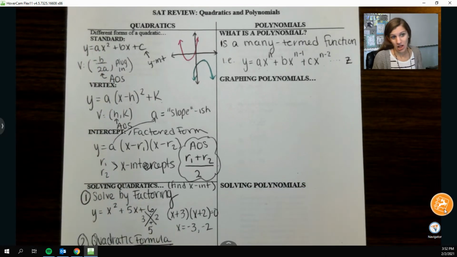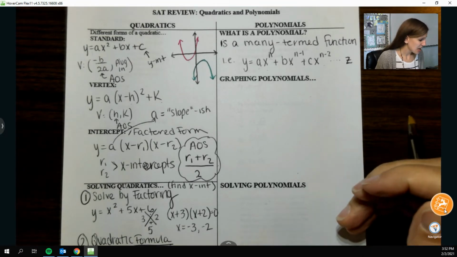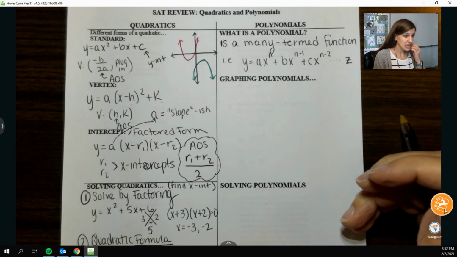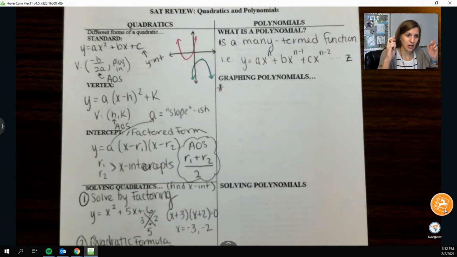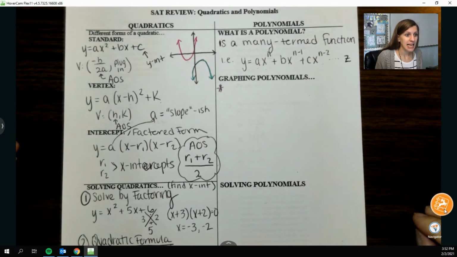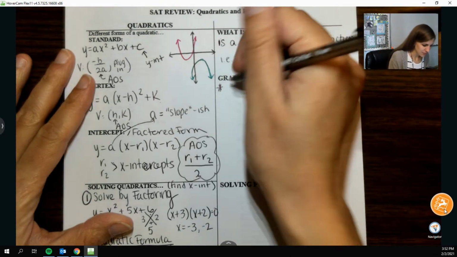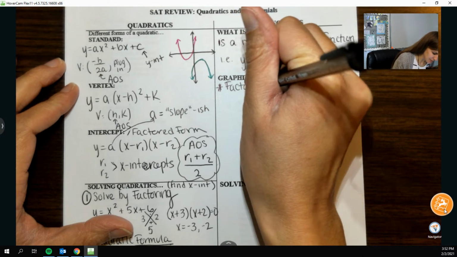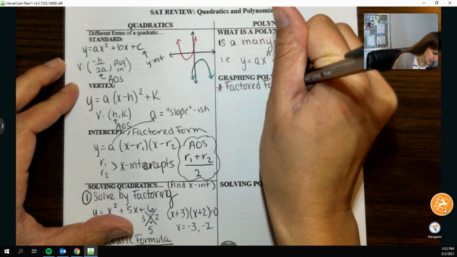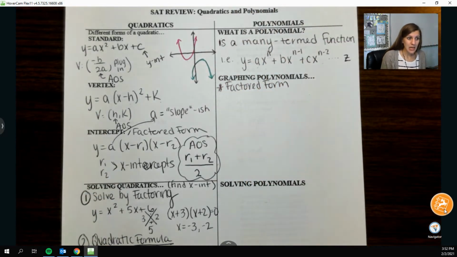I love graphing polynomials, but there is kind of a lot that goes into it. So really your best bet, or your hope upon hopes, is that they give it to you in factored form. So just like we were talking about over here, factored form is going to show you your x-intercepts.